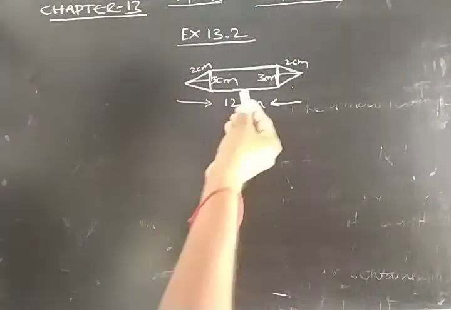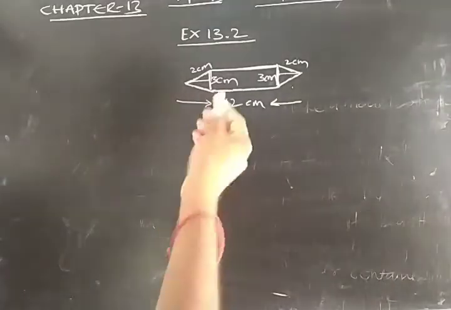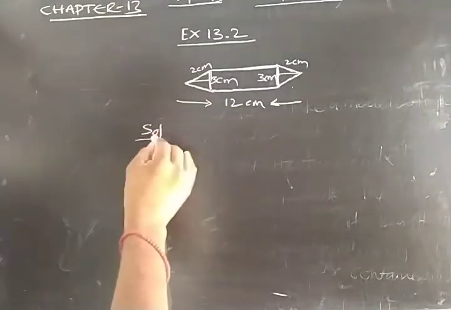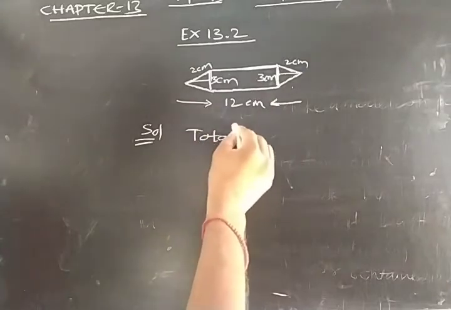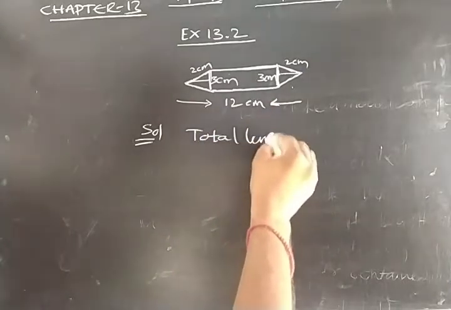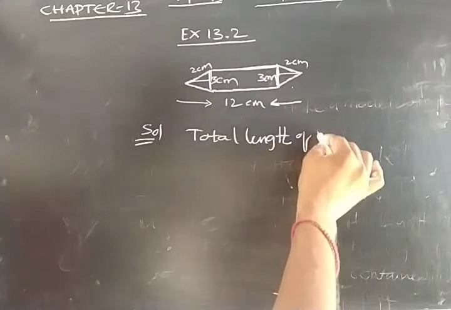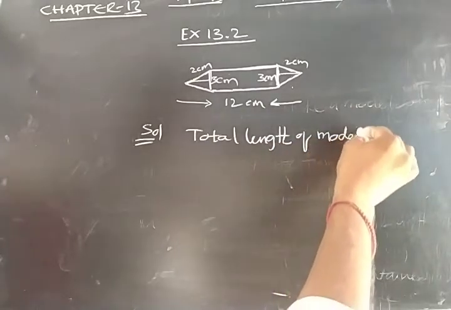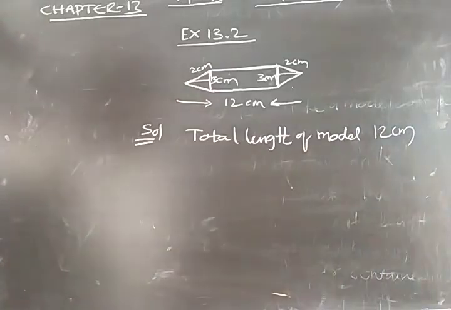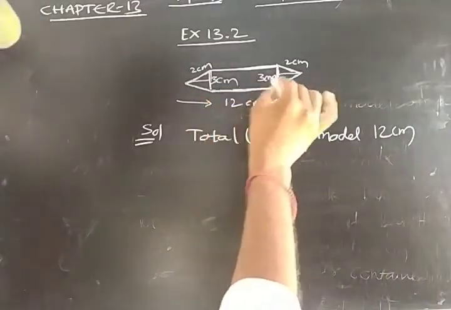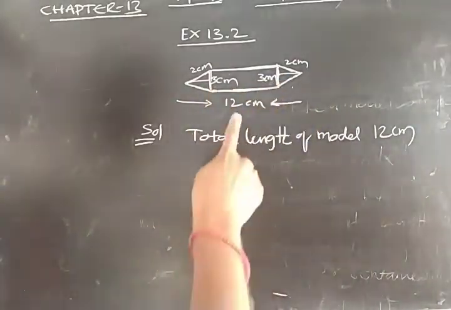Right. According to the question, I will write the given information. Solution: total length of the model is 12 centimeters. Now I need the length of the cylinder.